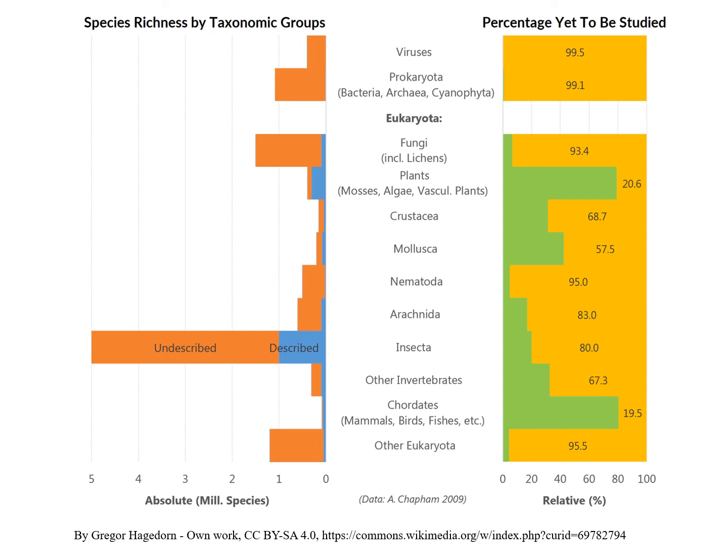So let's see, within the bacteria, again, 99.1% of them have yet to be studied. Viruses, 99.5% of them have yet to be studied. Fungi, that's another big underrepresented group. 93.4% of fungi have yet to be discovered and described. Nobody loves the nematodes, poor nematodes. Roundworms, 95% of them have yet to be described. 80% of insects.